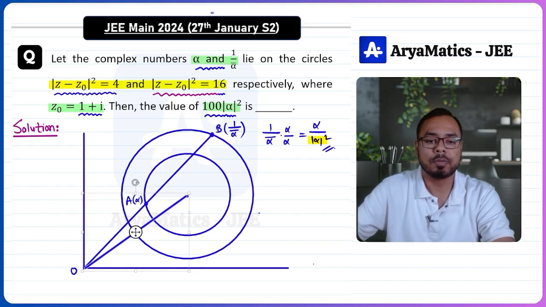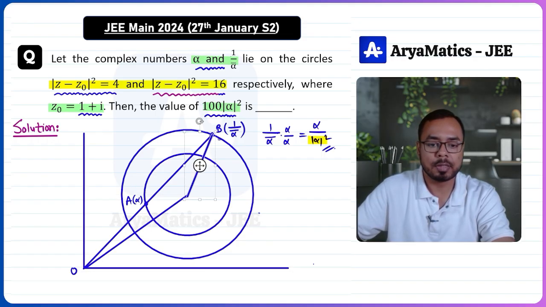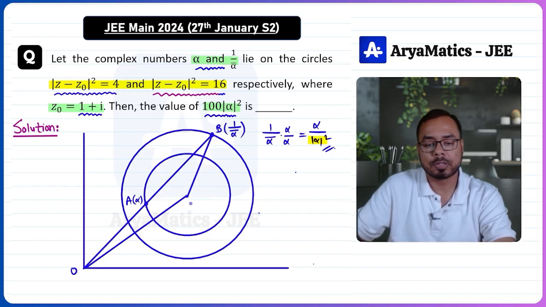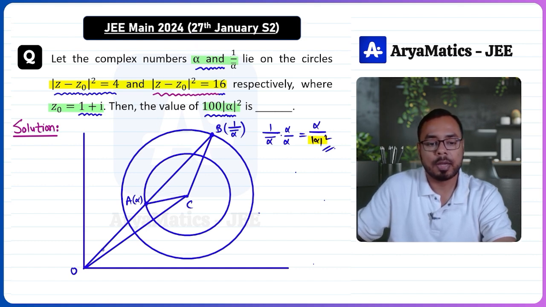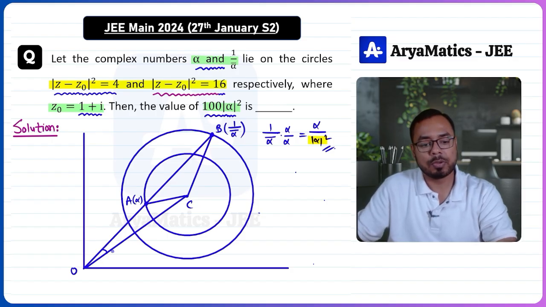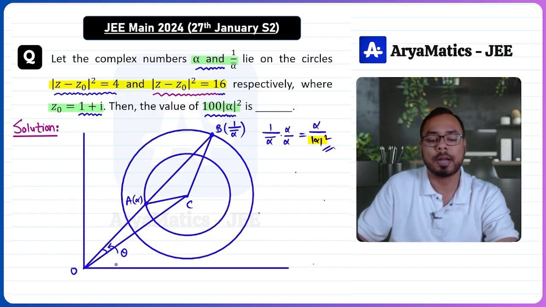Let us join the center of the circle with origin and also join the center of the circle with this point B. Let us call this point some point C and also join this point C and A. Now, if this angle is theta, we are going to use cosine formula, right? We are going to use cosine formula in two triangles.